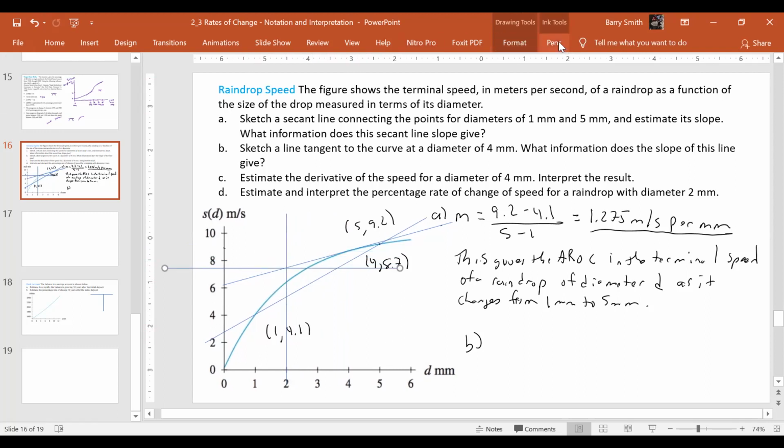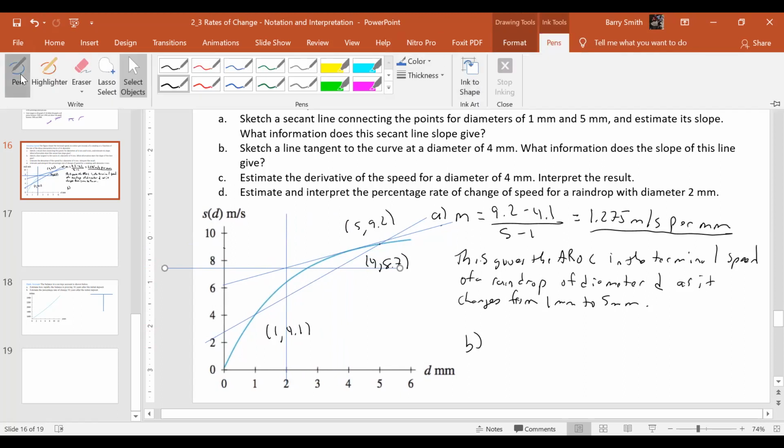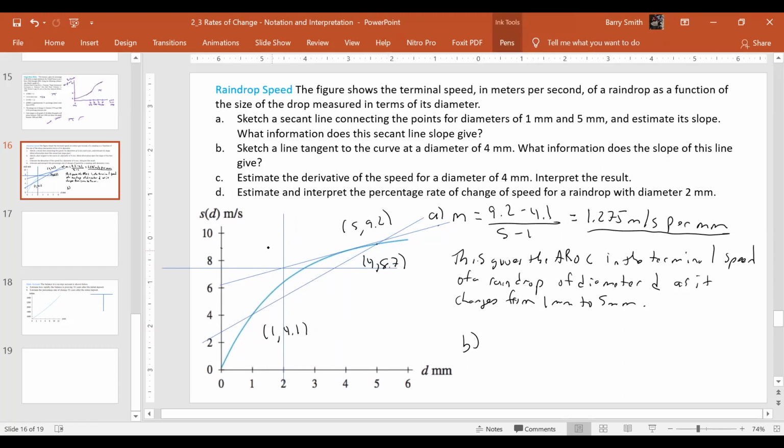So let's write what we have here. We're going to call it 2 comma, and that's going to be 7.4 maybe. All right, so now we've got the points on here, which are 4, 8.7 and 2, 7.4.